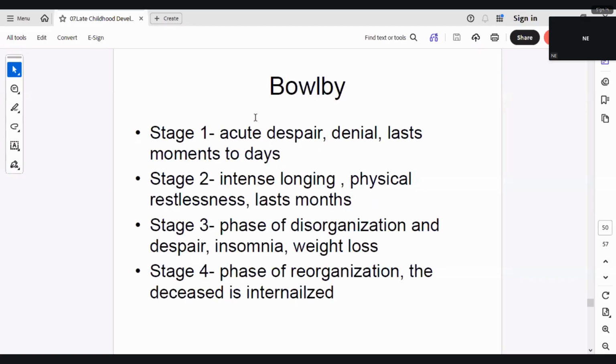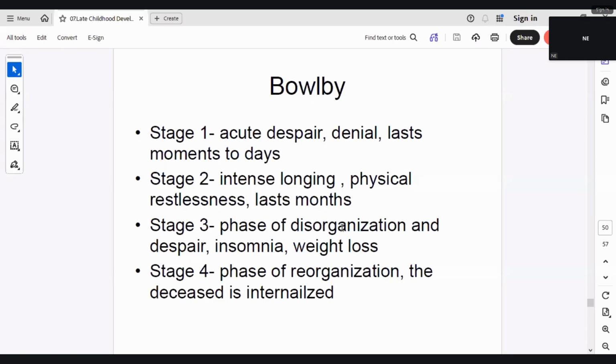So when someone that is close to a person passes away, the normal grief is like 4 stages. In the first stage, it's acute despair, denial, and that lasts moment to days. Then there's intense longing, physical restlessness, can't sleep, can't eat, that can last months.